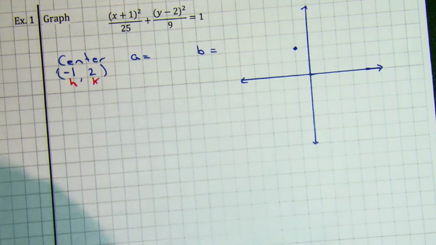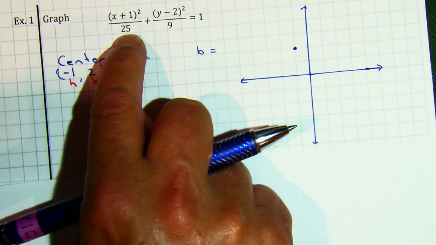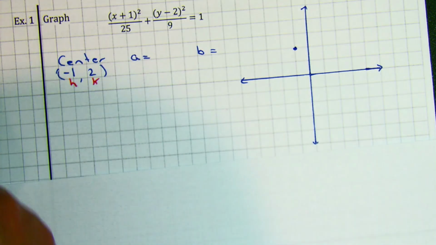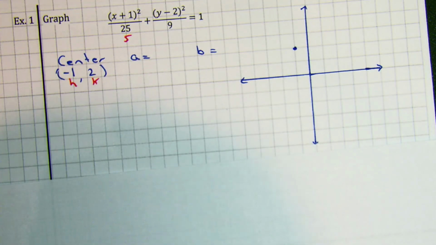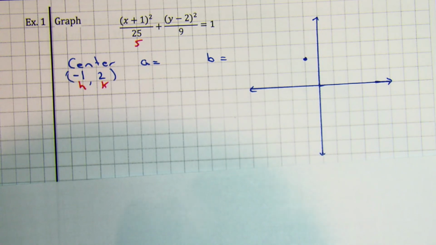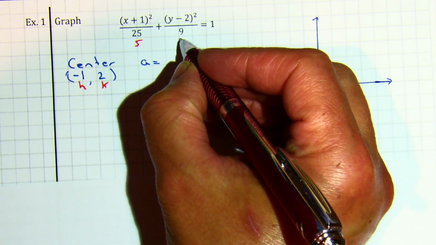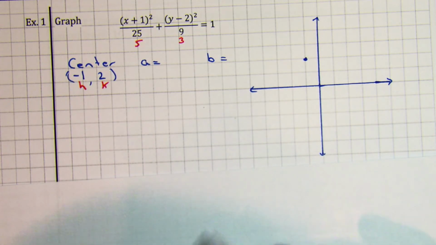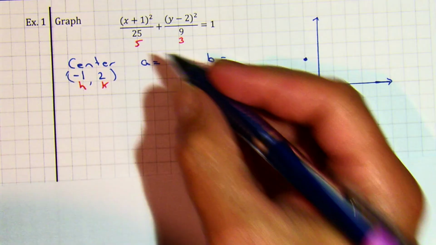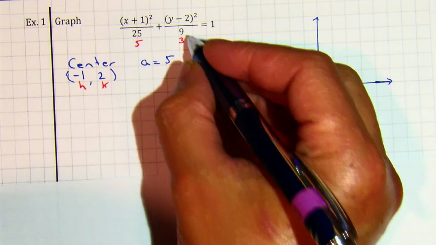So therefore, under that 25, the square root of 25 is 5, so I'll place a 5 underneath. Under that Y, there's a 9. The square root of 9 is 3. So which is the bigger number? It is 5. So therefore, that will be A. That means that B has to be 3.